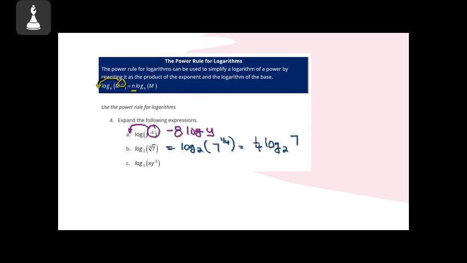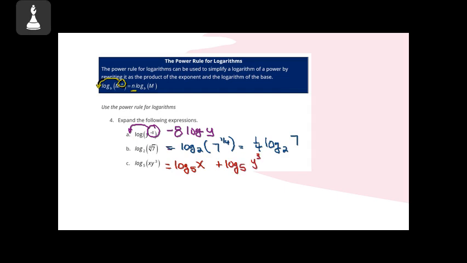Now this next one, we need to be careful. The 3rd power is only on the y. There are 2 pieces inside here. So I need to first do the product rule, and I'm going to break this into 2 pieces. Log base 5 of x plus log base 5 of y cubed.